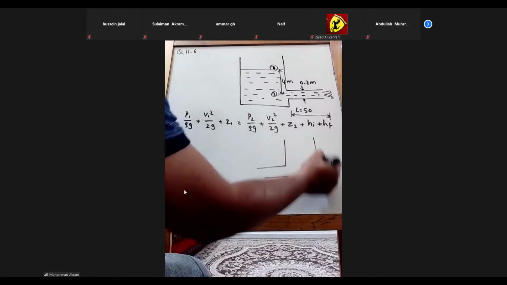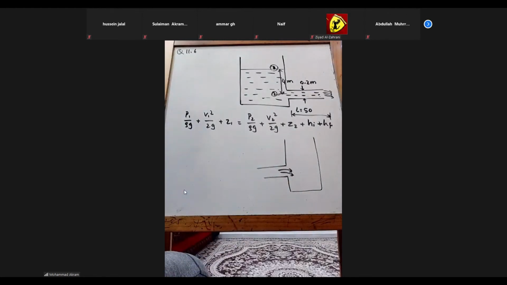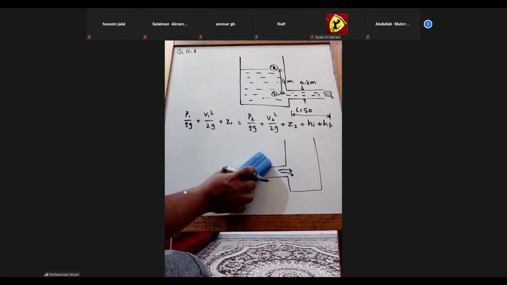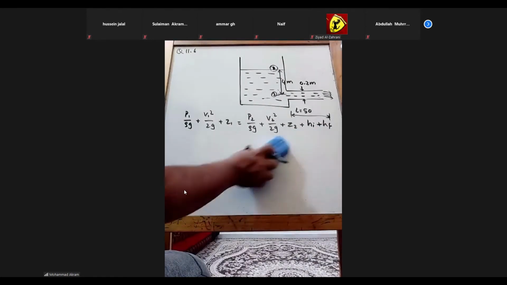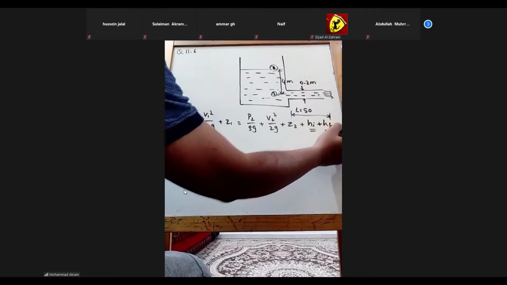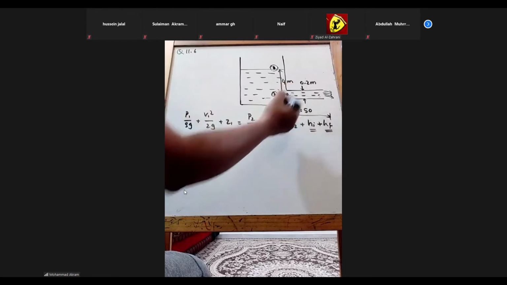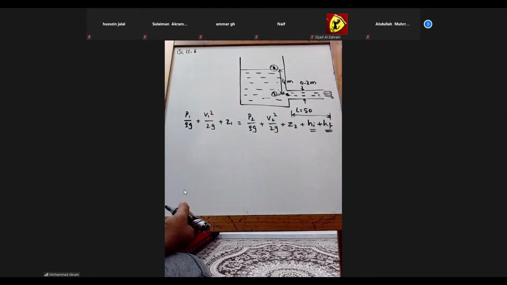Say, for example, if it is like this, then you can also use it for the exit. Here also, if you want, you can add the exit, but we will consider only inlet and friction, because we are considering this point, right? So here we have the inlet and kinetic, 1 and 2.